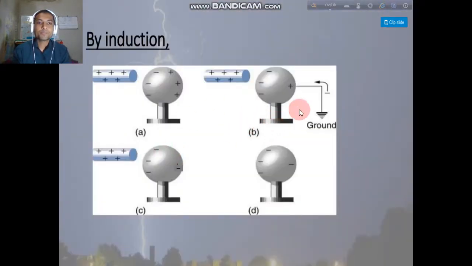In figure B, when we earth the neutral object by connecting a wire or by touching with a finger, sufficient electrons will move from the ground and neutralize the positive charge.